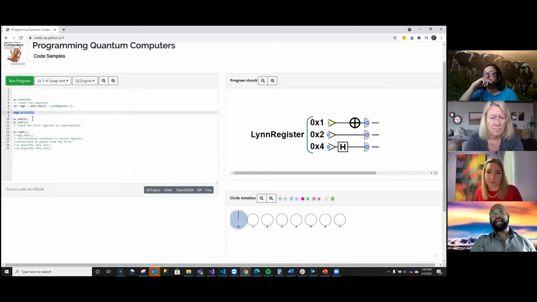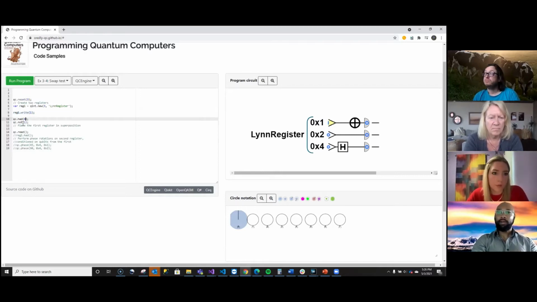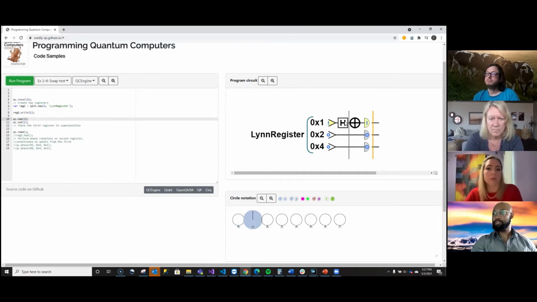Then the first thing I do is put in superposition just one of the qubits. The way you do it here with the JavaScript is QC had 4. Now, why 4? 4 is basically the binary equivalent. If I wanted to put the first qubit in superposition, I would put 1. If I wanted to put the second qubit in superposition, I would put 2.